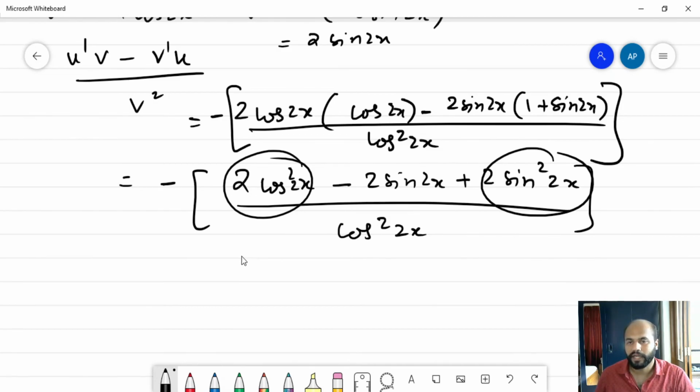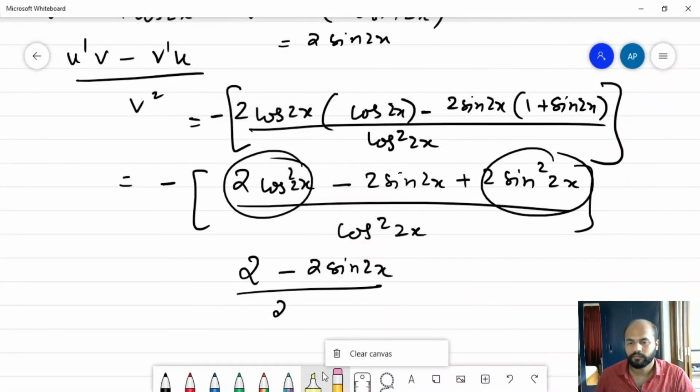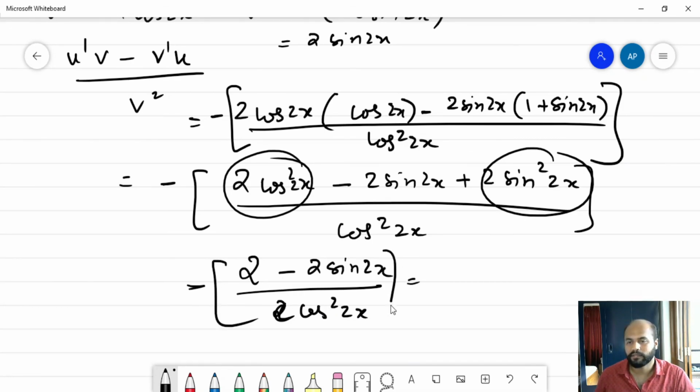We can write that as 2, because cos square 2x plus sin square 2x is 1, minus 2 sin 2x, divided by cos square 2x. So overall, since there is a minus sign outside, it will still simplify and we can get the final answer.